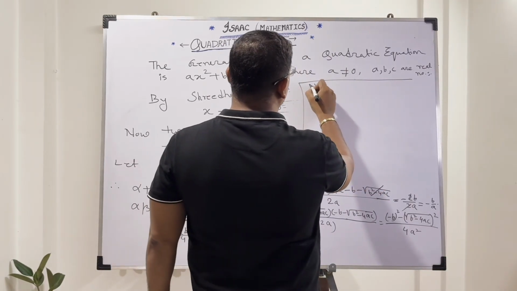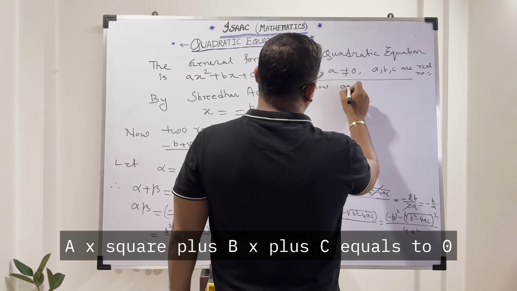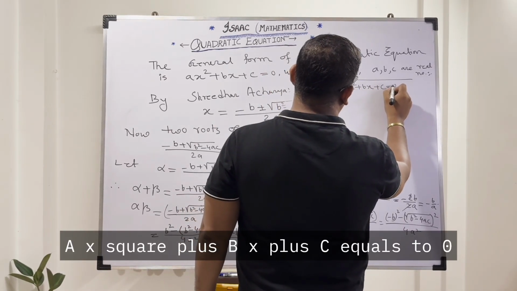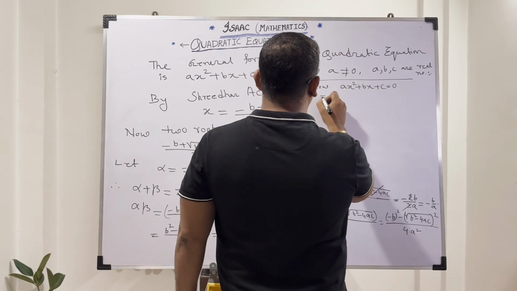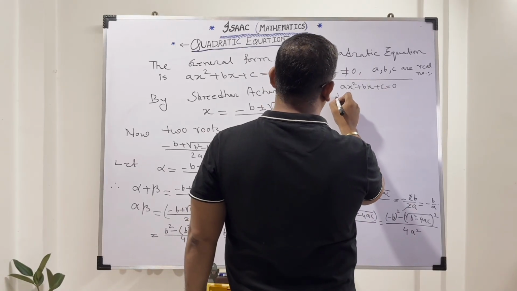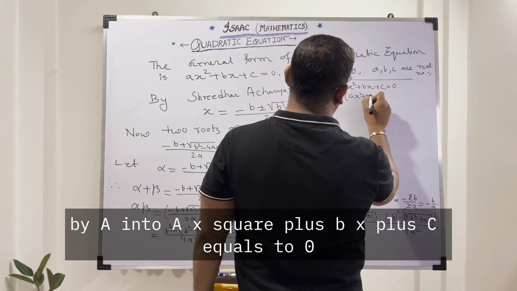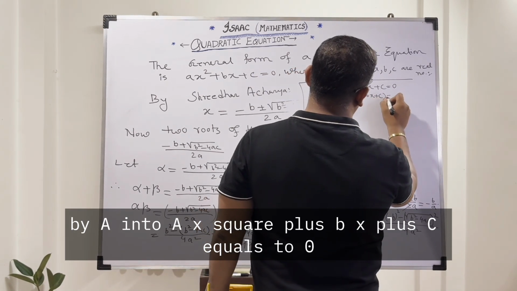So now ax square plus bx plus c equals to 0 implies 1 by a into ax square plus bx plus c equals to 0.